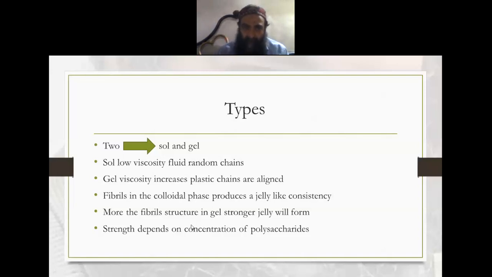In other words, a low viscosity fluid having random chains is called sol, while gel is anything which has an increased viscosity, and this viscosity increases due to the polymer chains which are aligned.